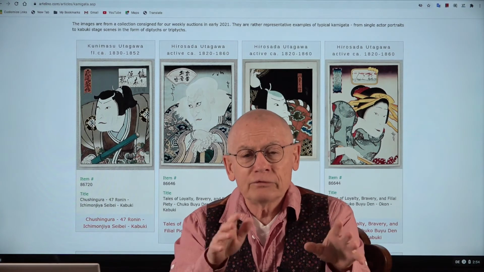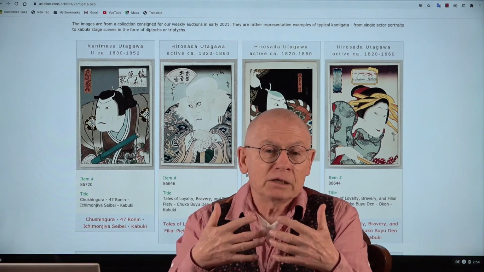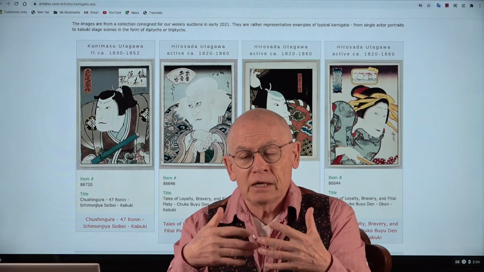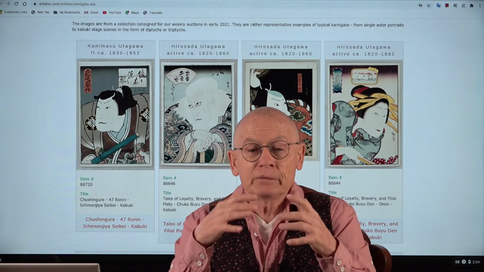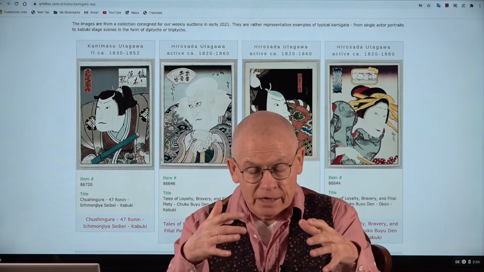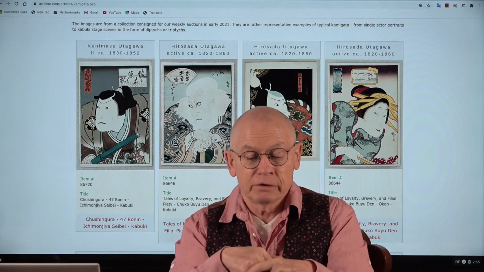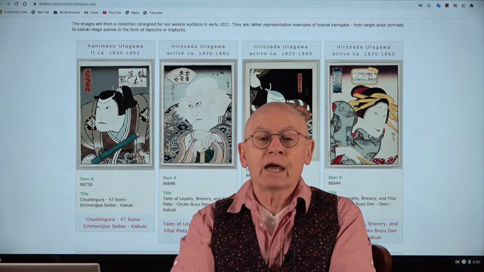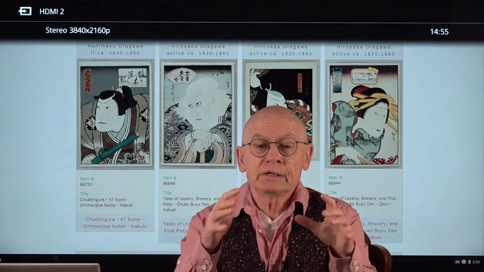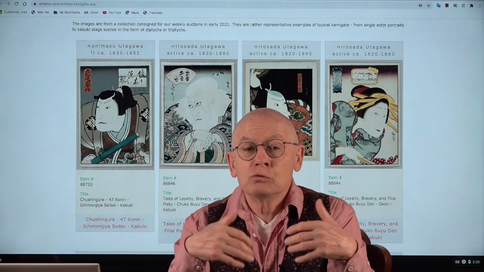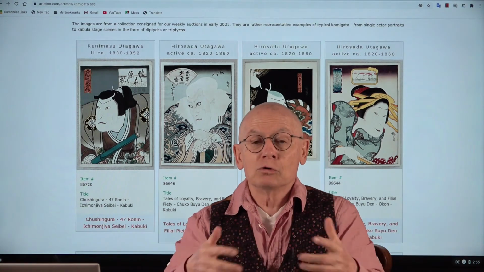And why are Osaka prints often smaller, especially those made, let's say, after the 1840s, 1850s, second half of the 19th century? Well, this has something to do with censorship laws. And now I have to talk about the so-called Tempo reforms. The Tempo reforms of 1841 and 1842 were an attempt by the rulers in Japan at that time, the so-called shogunate.